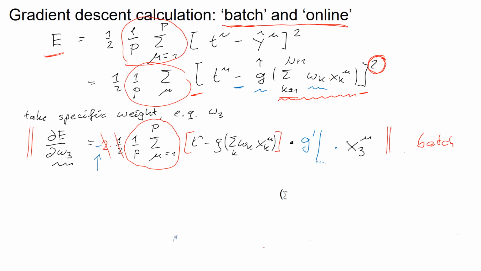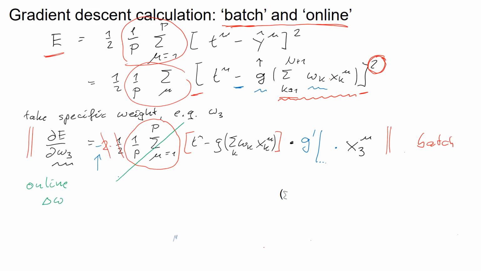But then we saw in the perceptron algorithm that it actually might be nice to do something online, take one pattern at a time. So what you do for an online algorithm is quite simple. You cut out the sum over the patterns, and then this gives an online algorithm which looks like this.